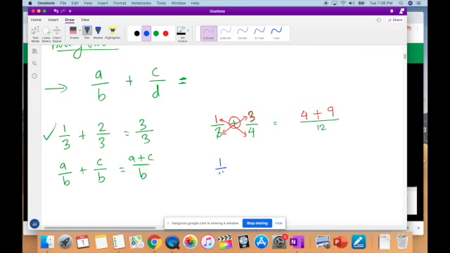If I had a third plus 3 over 4, all I need to do is multiply the denominators to get my general denominator, and then I cross multiply like this. So 4 times 1 is 4 plus 3 times 3 is 9.